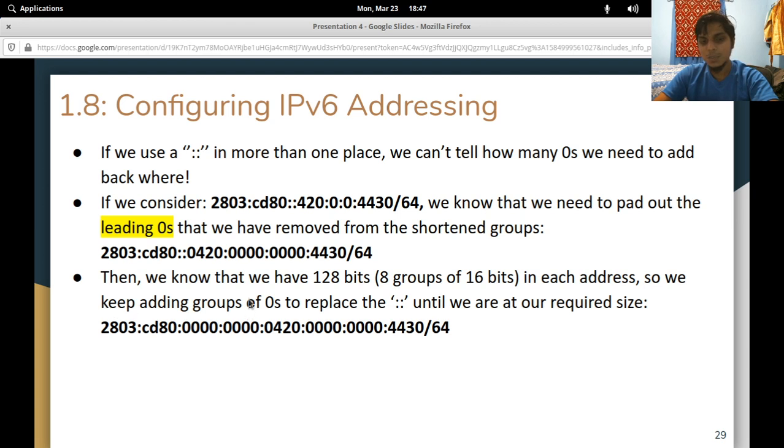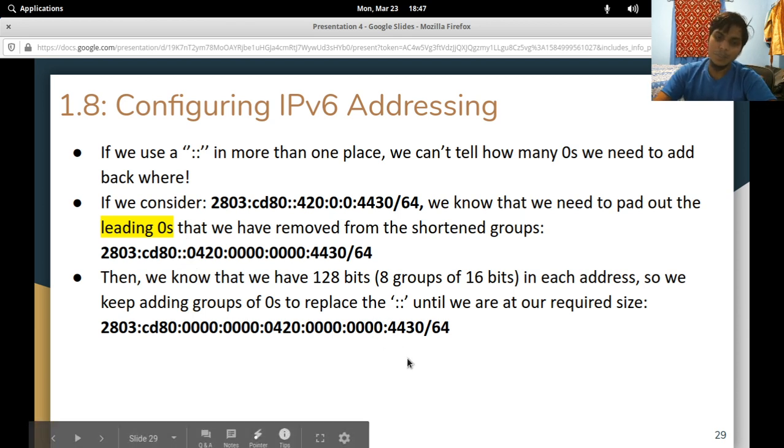So we keep adding groups of zeros to replace the double colon until we are at our required size. We needed 8 groups of 16 bits. We had 1, 2, 3, 4, 5, 6 groups, so we know we're missing 2 groups. So we add back 2 groups into the place where the double colon was, and we get back our full number. If we had 2 double colons, we wouldn't know what to add back where, or how many zeros to add back where.